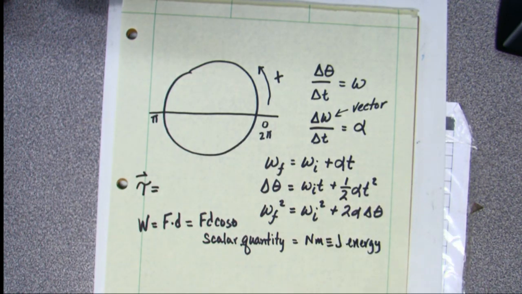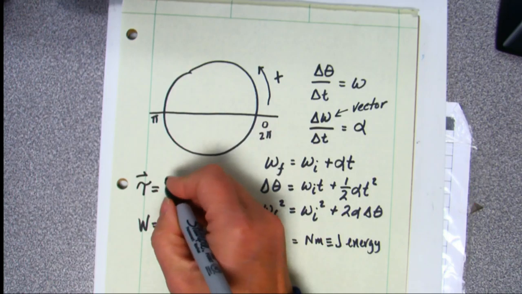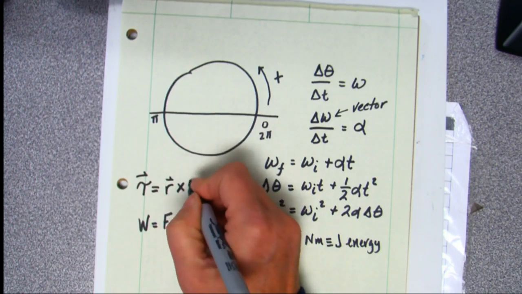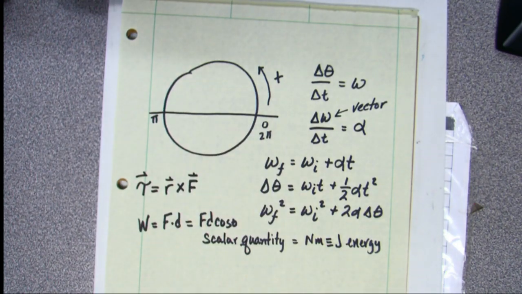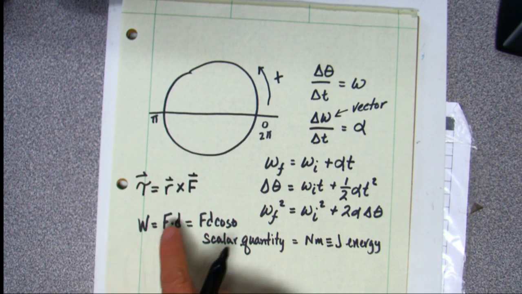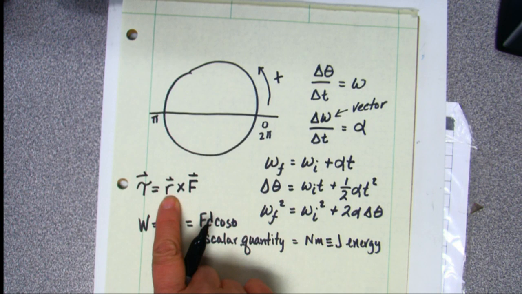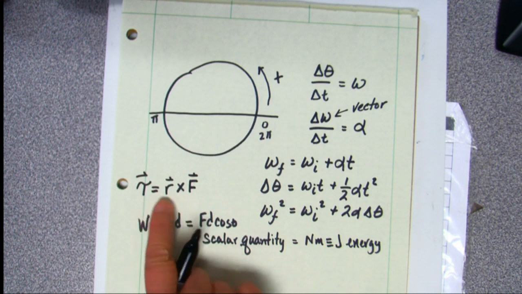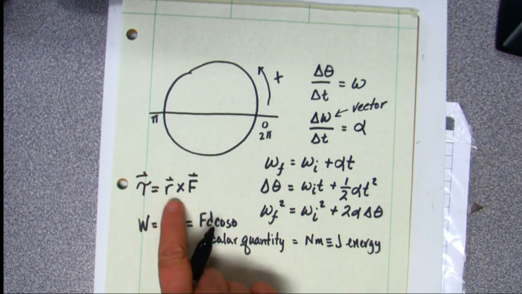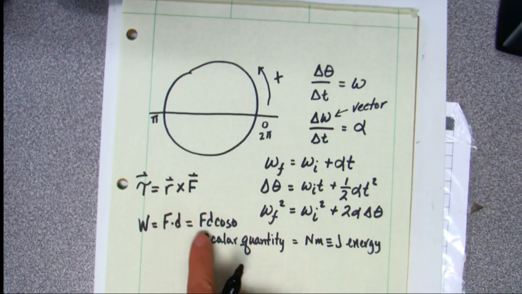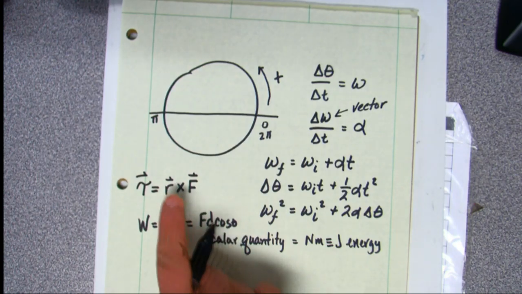Torque is going to look a lot like that, except torque is a vector quantity, and with my vector quantity, we do what is known as a cross product or a vector product. So this could be called a scalar product, this can be called a vector product. This is force through a distance, this is force at a distance.